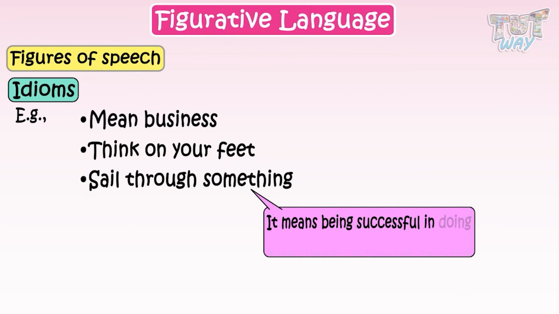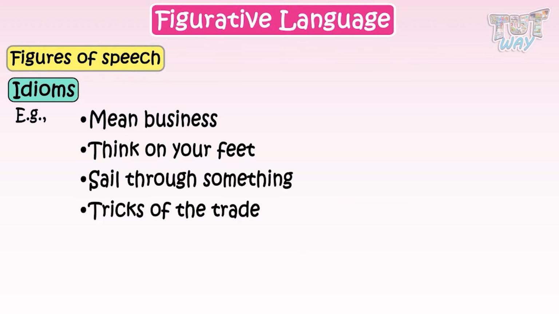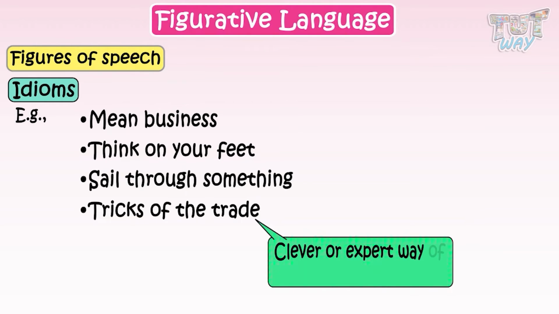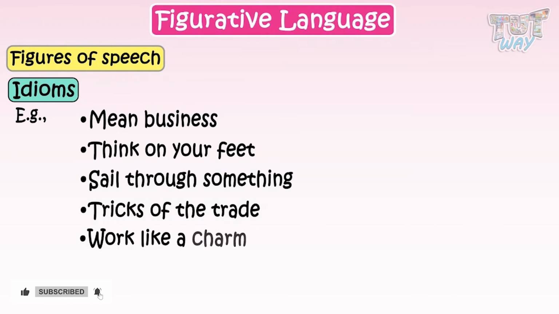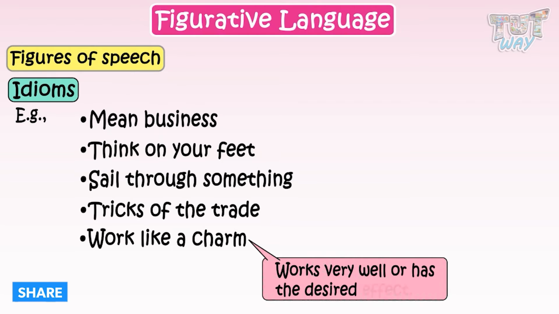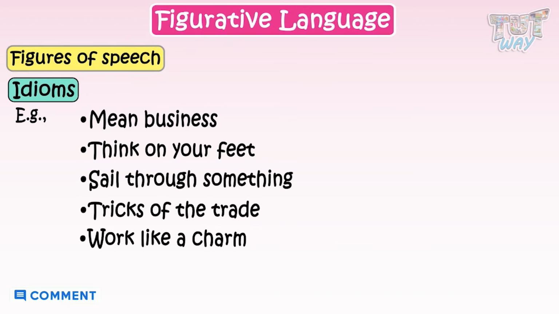It means being successful in doing something without any difficulty. Tricks of the trade. Clever or expert way of doing something. Work like a charm. Means work very well or has a desired effect. So there are a whole lot of idioms in the English language.